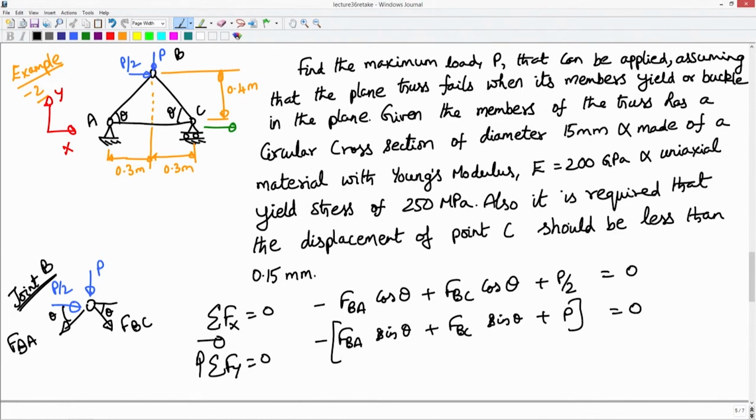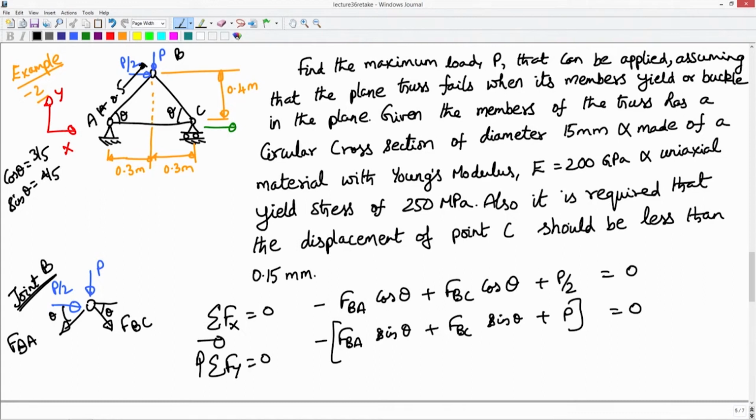For this, cos theta would be 3 by 5 and sin theta would be 4 by 5, where this length of the hypotenuse would be 0.5. From Pythagoras theorem you can get that. So, that will be 0.5 and hence cos theta is 3 by 5 and sin theta is 4 by 5.